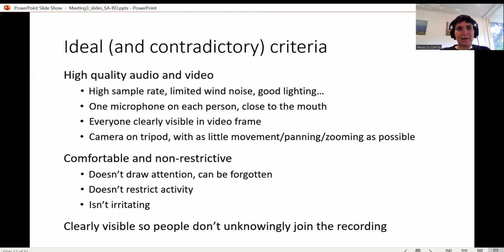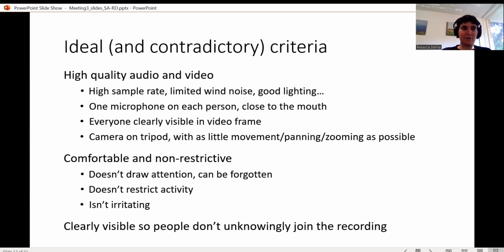You're looking for high quality audio and video, so things like a high sample rate, limited wind noise, good lighting, ideally one microphone on each person located close to their mouth, and for the video to have everyone clearly visible in the video frames, at a good distance so that you can see them clearly and you can see everyone.